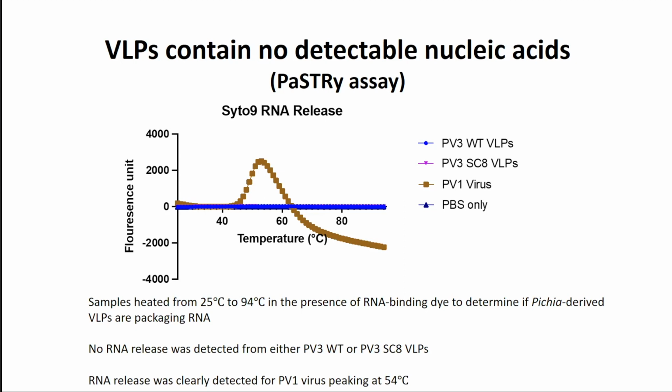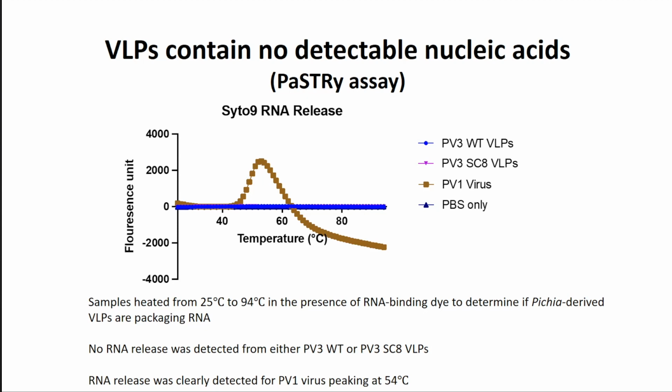We're also obviously concerned by the presence of nucleic acids within these particles. We had no reason to believe that there should be nucleic acids there, but we've checked as far as we can. This simply shows that using a fluorescent dye-based methodology, the thermofluor assay, in brown there you can see as you heat virus particles, you get a clear increase in fluorescence due to exposure of the nucleic acid.